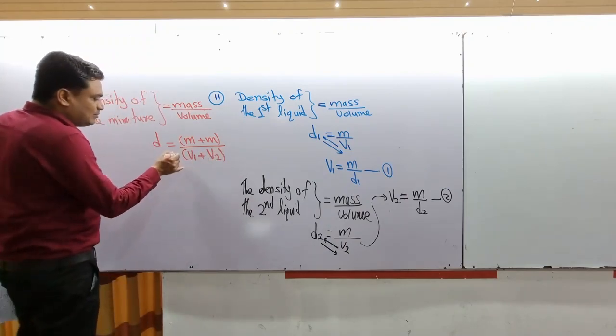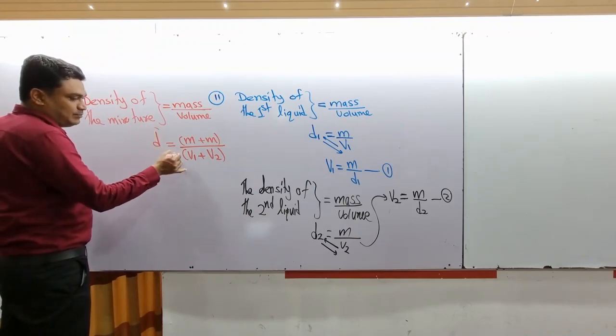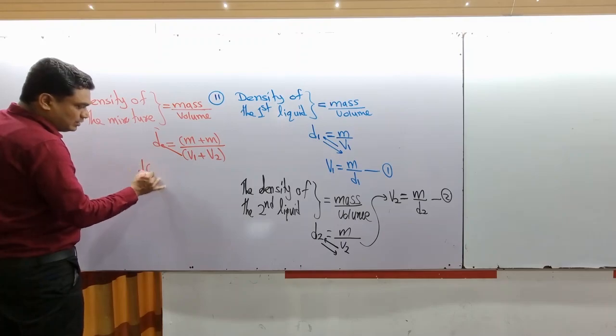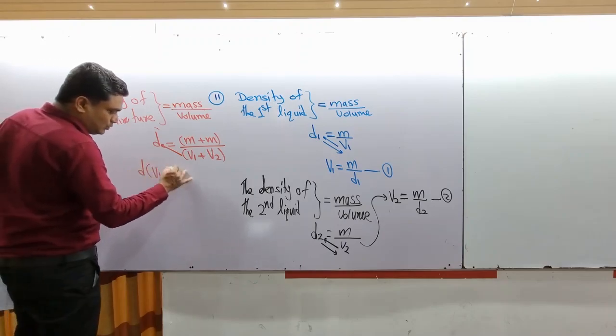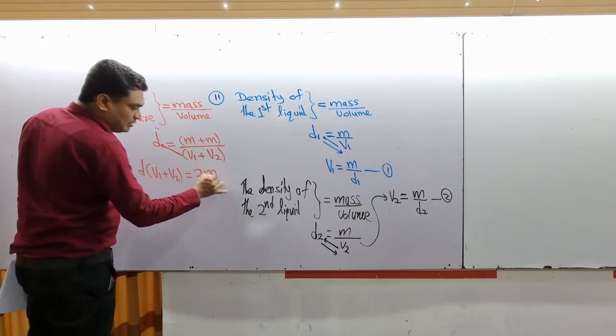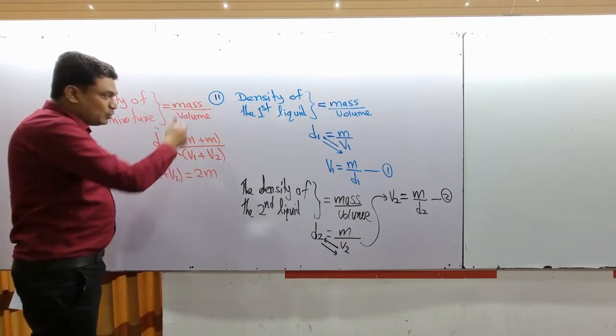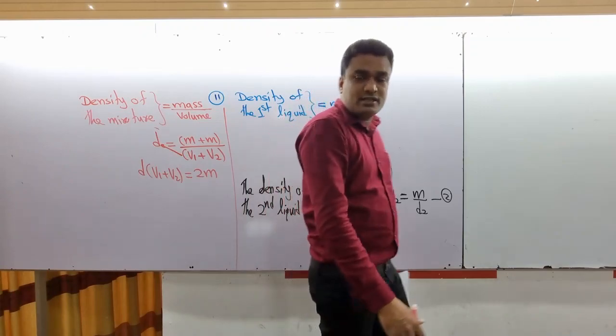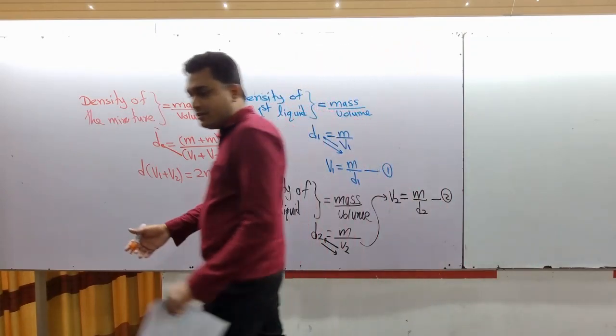The easiest way to simplify this, I want to obtain an expression for simple D. I take V1 plus V2 to this side. So D into V1 plus V2 equals M plus M, 2M. Write them all, try to simplify this and try to subject simple D. Do it yourself. Try it for the rest.